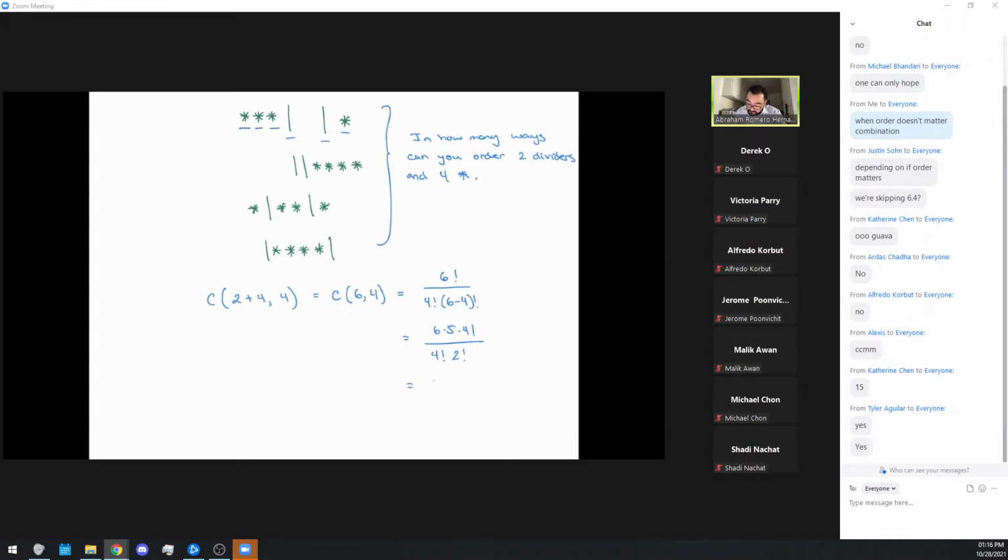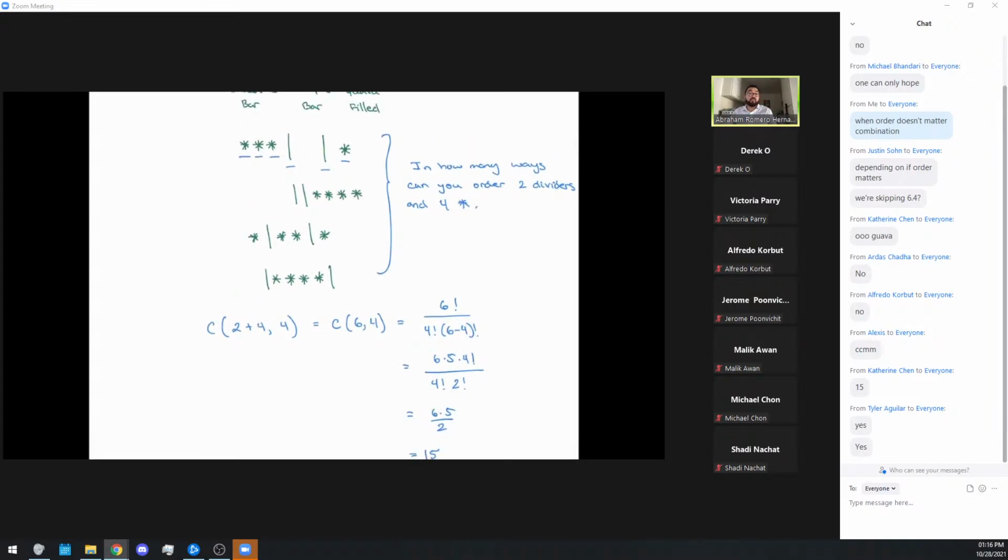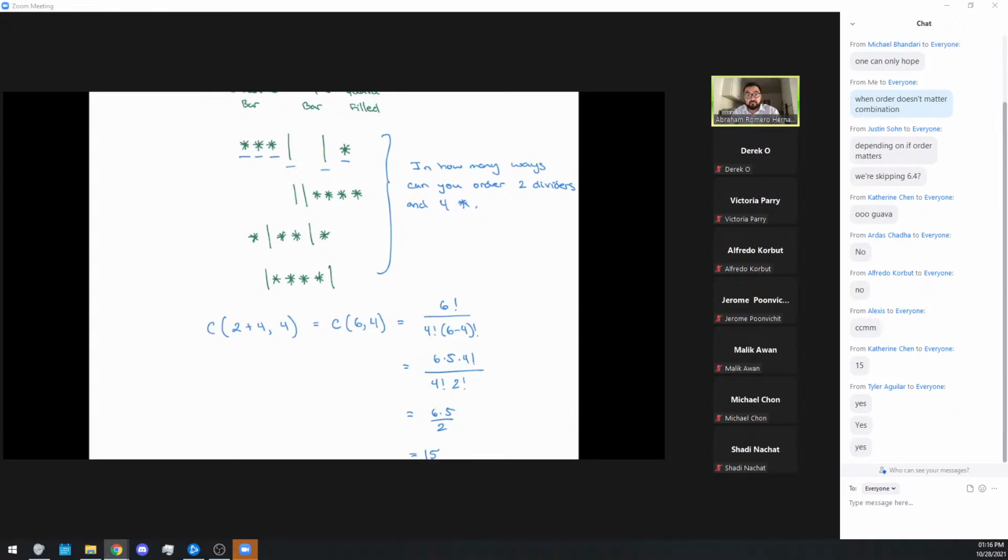Notice that the 4 factorials cancel out. I'm left with 6 times 5 over 2. That's simply 15. Is that the same answer that we got earlier? Yes. And this is a different way of viewing this problem.